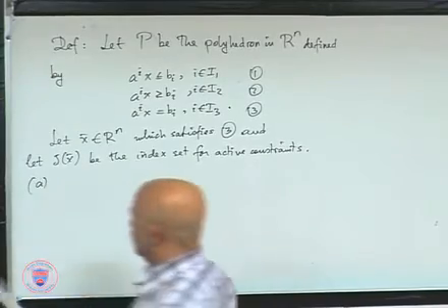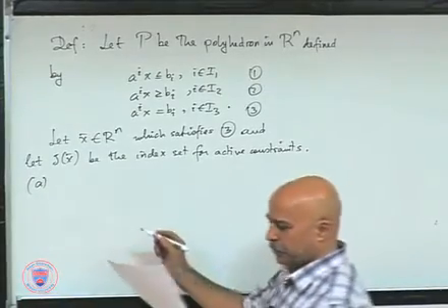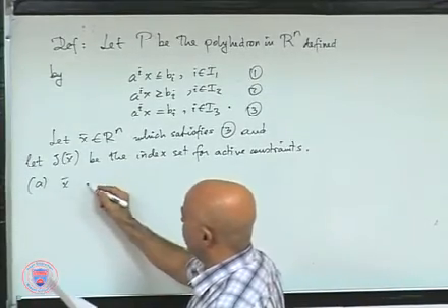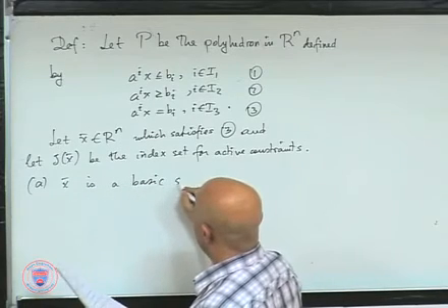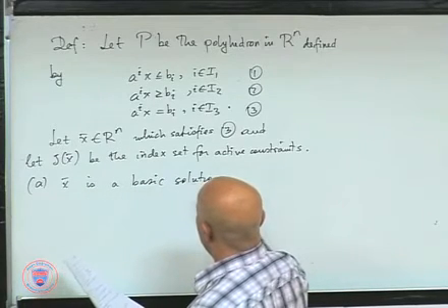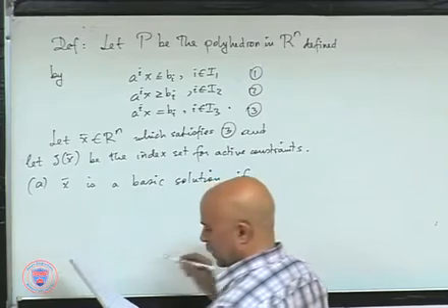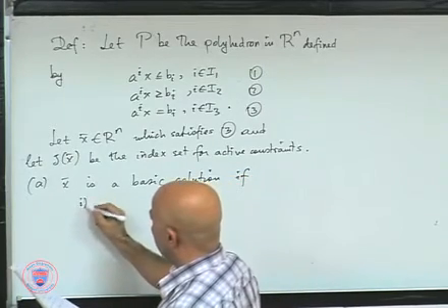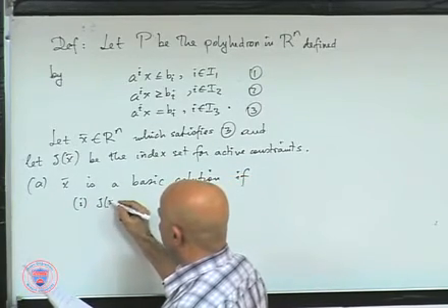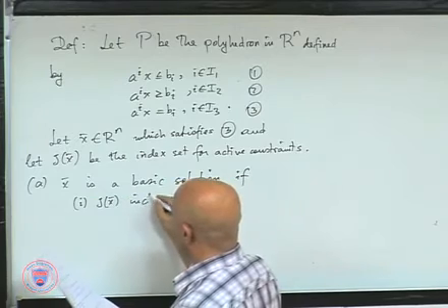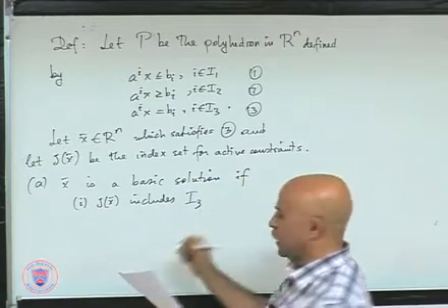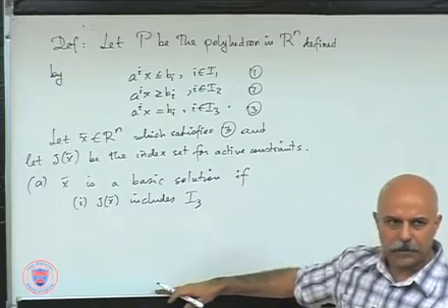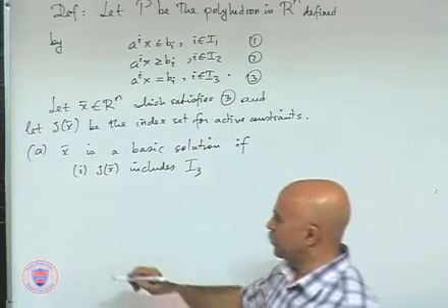So, the definition of a basic solution: the point X bar is a basic solution if, part A, J of X bar includes all indices in I3. So that's a necessity, that's always assumed.